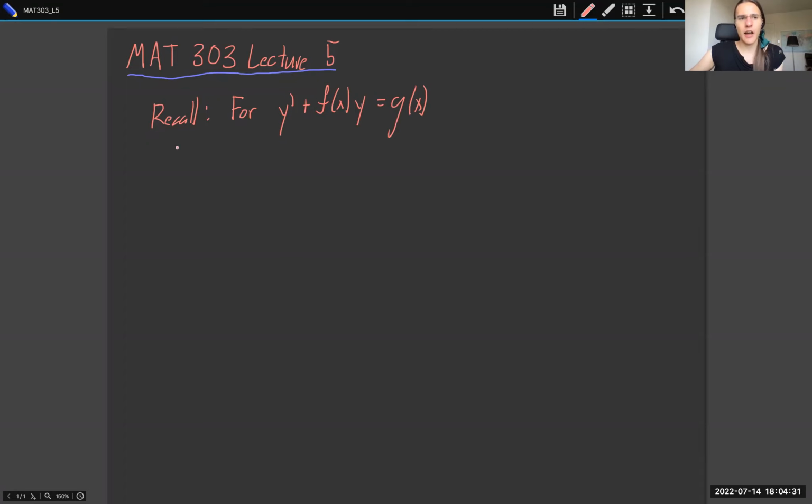What we said is suppose that y1 is a solution of the homogeneous system.